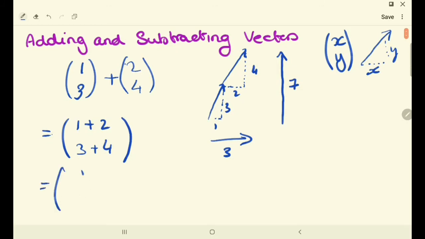And then we just simplify up like we do in maths. So we have 1 plus 2 gives you 3, and 3 plus 4 gives you 7. And that is you done the question. So you can see how closely adding vectors is related to the ideas behind vectors.